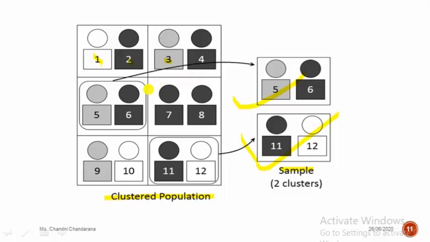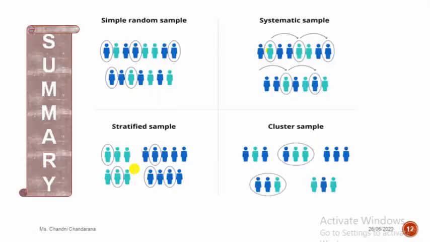Here we are selecting the sample systematically. These two are one cluster and these two are a second cluster. We have selected systematically, and this is known as cluster sampling.